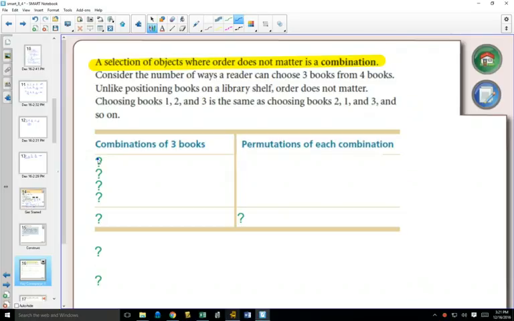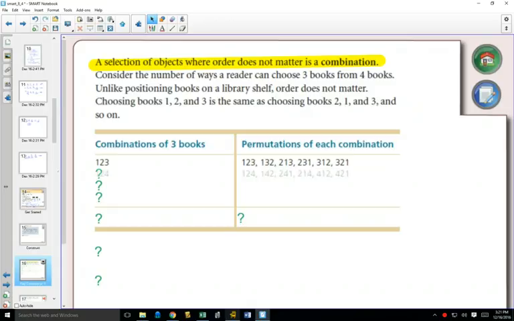So when we're looking at our combinations versus permutations, if you chose books 1, 2, and 3, that's the same as if you had chosen book 1, 3, and 2, 2, 1, and 3, 2, 3, and 1, 3, 1, and 2, or 3, 2, and 1. All of those permutations of those 3 are the same as one combination, if the order didn't matter.